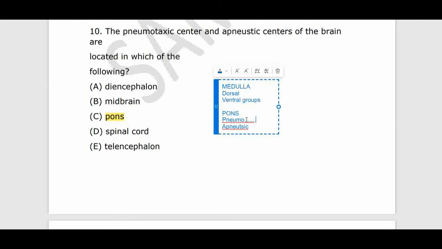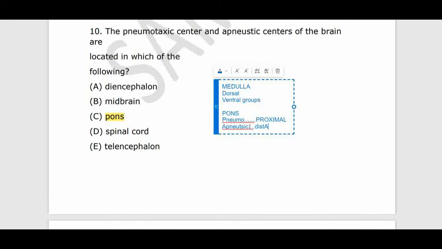How I remember it is that P is proximal, so pneumotaxic is proximal, whereas apneustic will be distal. Once I know one, I should know the other.